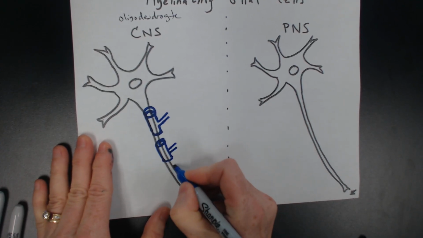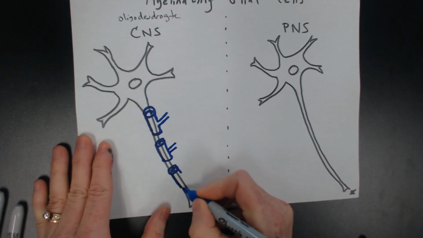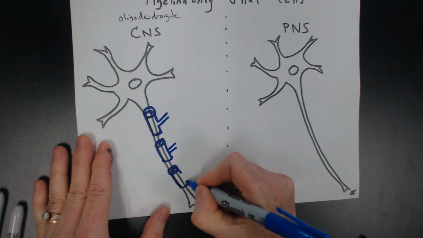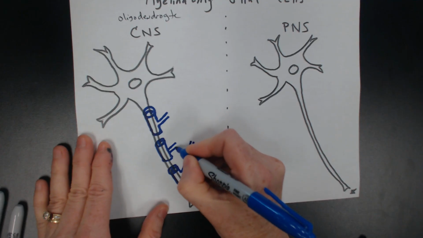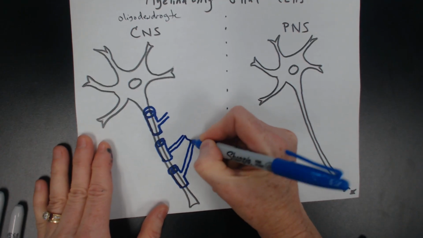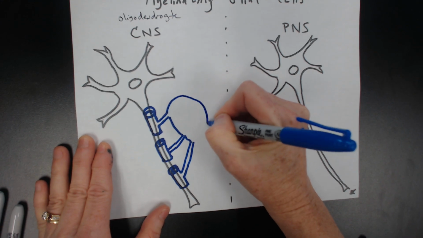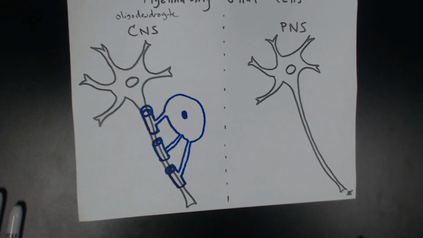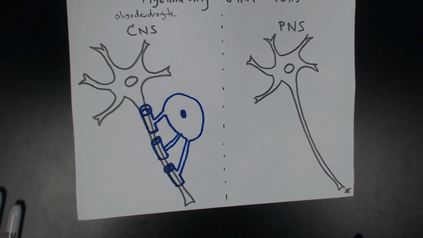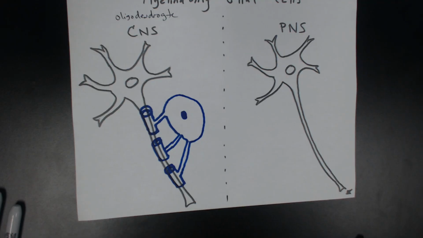Okay, so this is the myelin sheath. This little swirl here is just the myelin sheath that the oligodendrocyte produces. And there's some feet coming out. And this particular oligodendrocyte, represented here, is responsible for wrapping myelin around 3 different areas of the same axon.